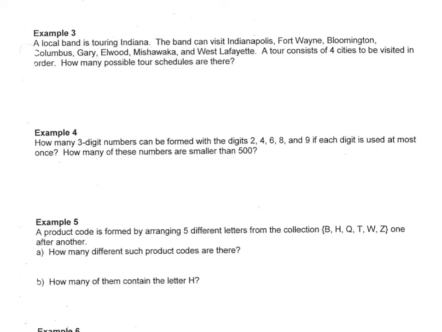Let's see. We have 4 cities we can visit. And if I counted correctly, there were 8 cities. Let's look again. 1, 2, 3, 4, 5, 6, 7, 8 cities to choose from. And you want a tour that consists of 4 cities to be visited in order.